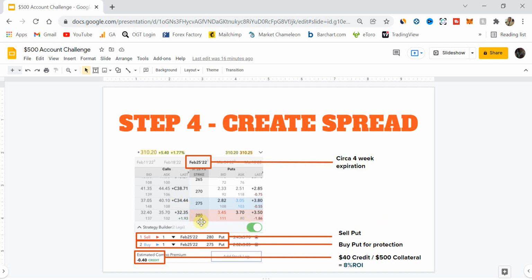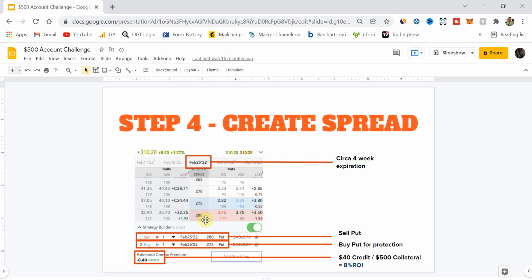So what will happen is, if the price of Microsoft goes to 265 at the date of expiration, your broker will automatically execute the two trades together, which will give you a loss of the difference between your two strikes.